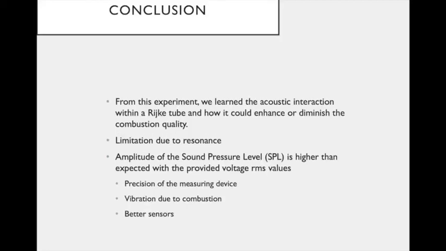In conclusion, from this experiment, we learned the acoustic interactions within a Rijke tube and how it could enhance or diminish combustion quality. If the pressure fluctuation and velocity fluctuation are in phase, it will cause an enhanced combustion, but vice versa, it will diminish the combustion quality if they're not in phase.